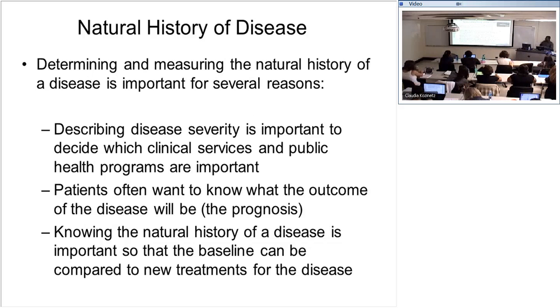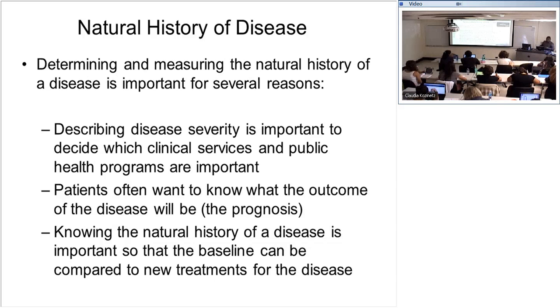So first, why is it important for us to know the natural history of disease? Or why do we even try to describe and measure the natural history of disease? We said that it is important for us to know the severity of disease, so that we decide which clinical services and public health programs are important.